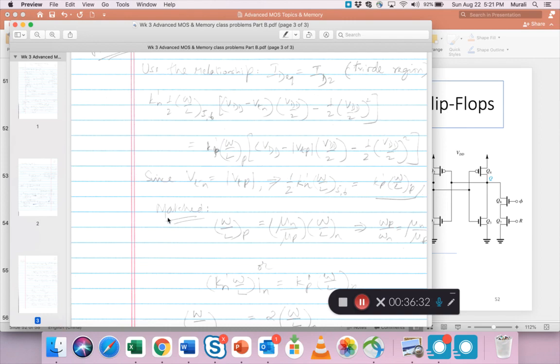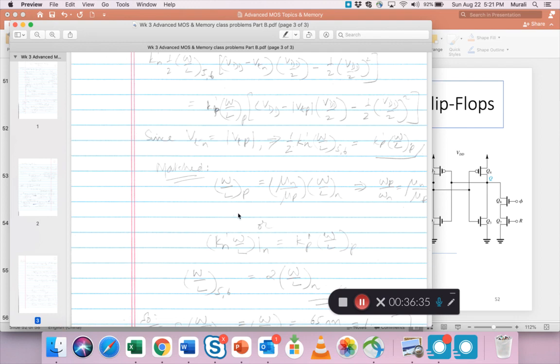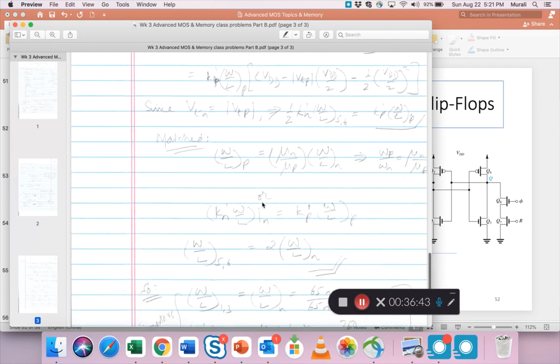So if this equals this, then WILP, so basically this is one relationship. Also WILP is given to be this, which means WP by WN is this ratio. So if you take this equation and equate it, you're going to end up with W by L 5 by 6.